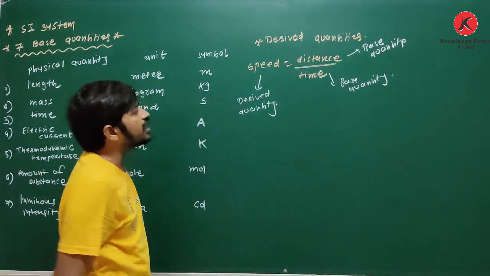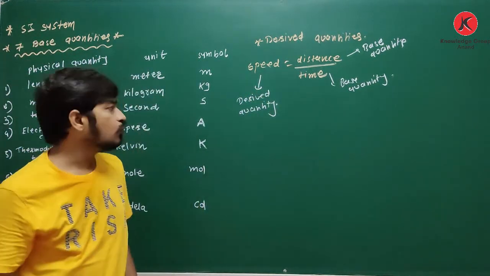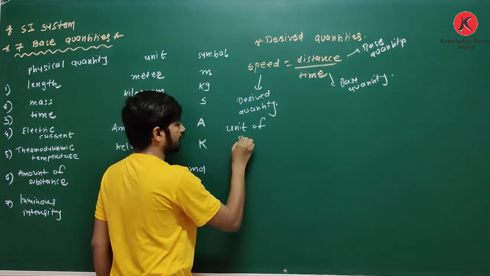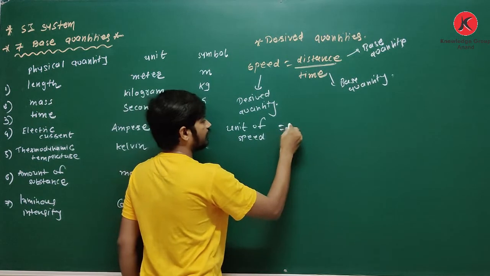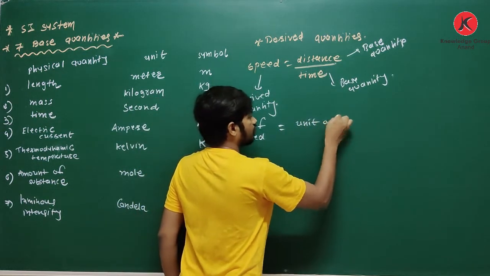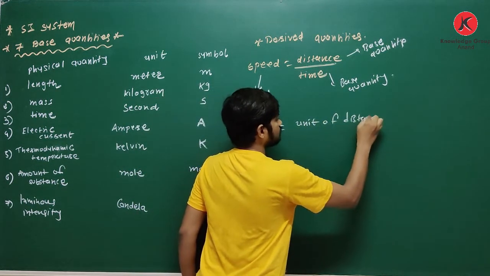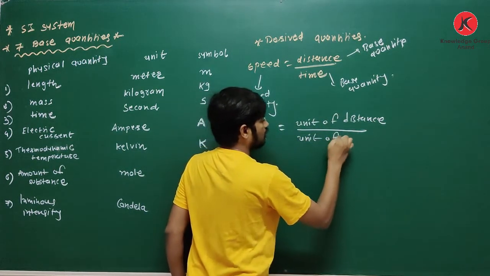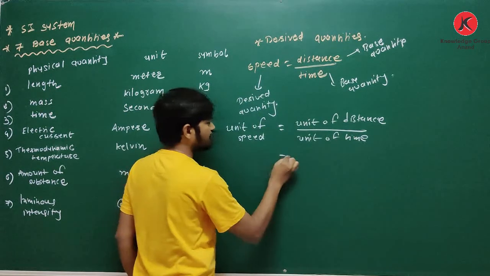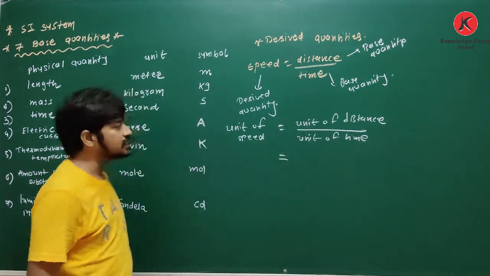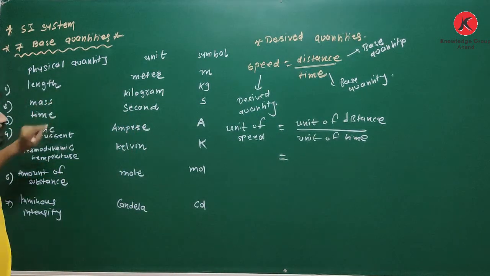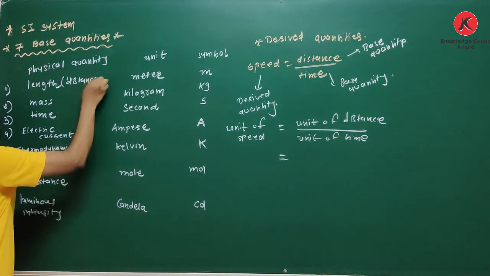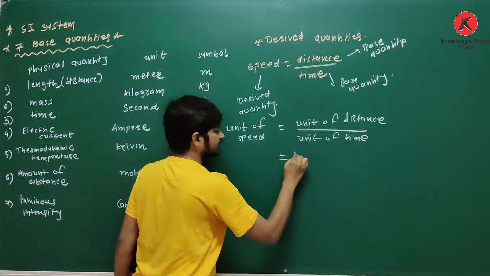Now, how to find its unit? It is simple. The unit of speed is equal to the unit of distance upon the unit of time. What is the unit of distance? Here length means distance, and its unit is meter.